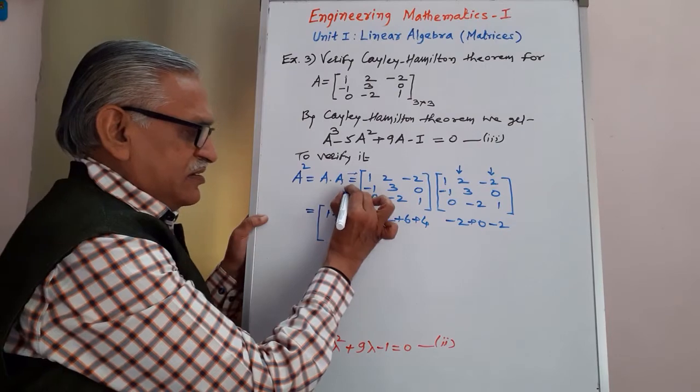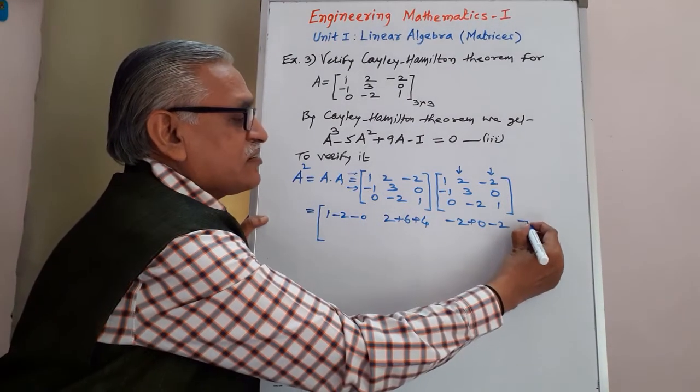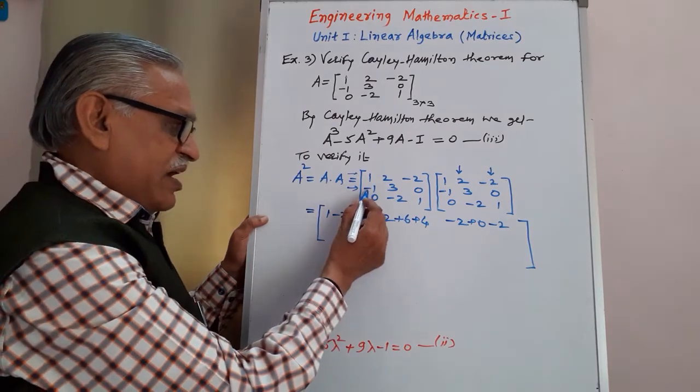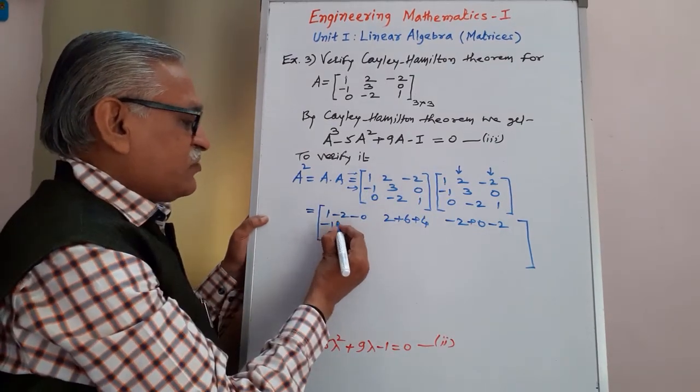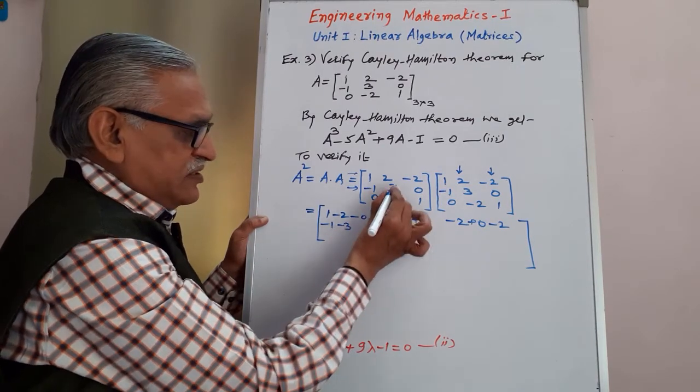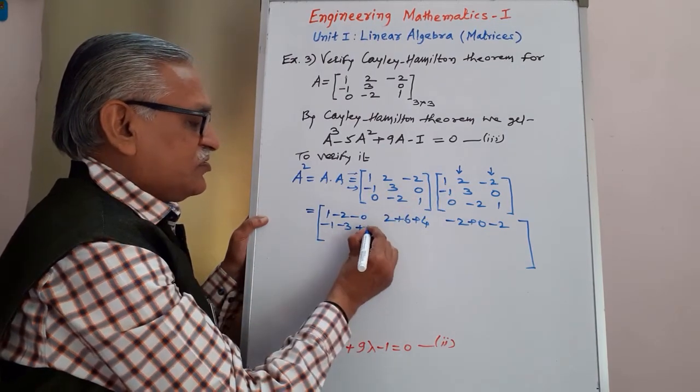Then by second row to that column, we get minus 1 into 1, minus 1, 3 into minus 1, minus 3, 0 into 0.